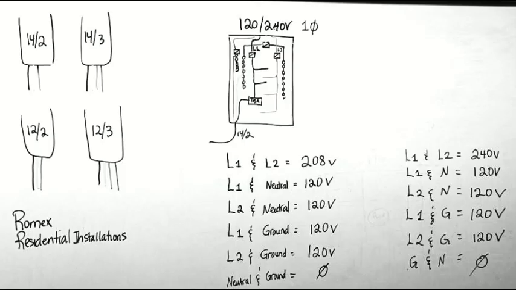So we have 10 resistors. We have our 1, our 2, our 3, our 4, our 5, our 6, our 7, our 8, our 9, and our 10. All of these are actually allowing current to make that complete circle.